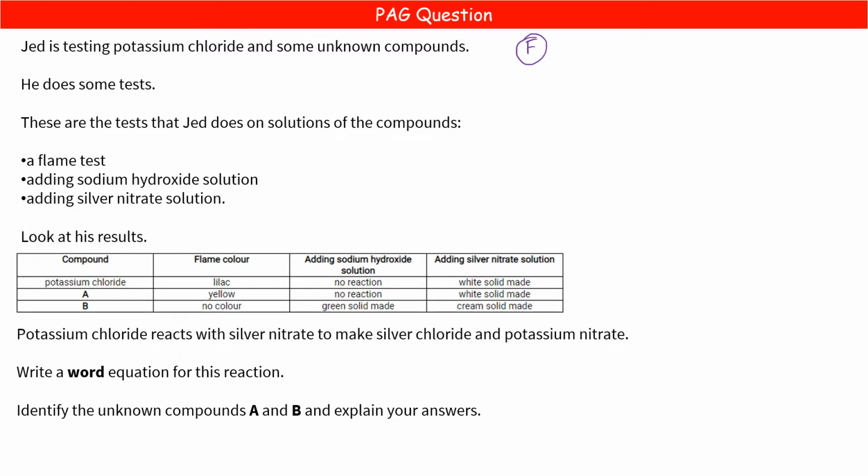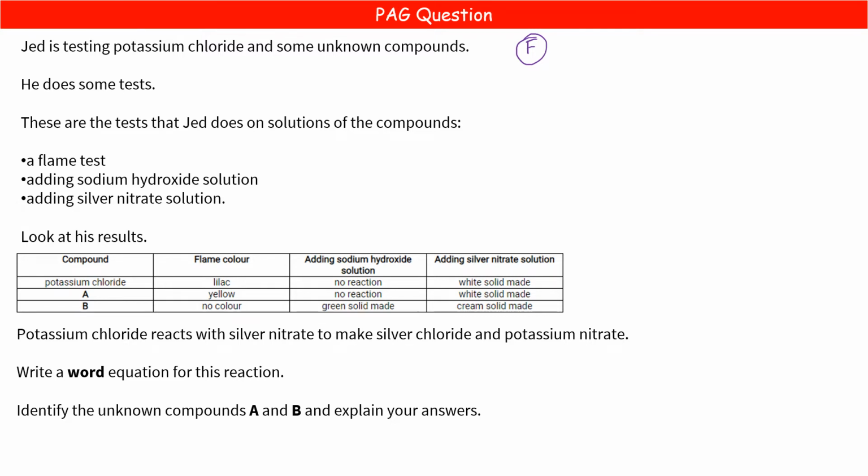These are the tests that Jed does on solutions of the compounds: flame test, adding sodium hydroxide solution, adding silver nitrate solution. Look at his results. There's a lovely table for us. Then potassium chloride reacts with silver nitrate to make silver chloride and potassium nitrate. Write a word equation for this reaction. Identify the unknown compounds A and B and explain your answers.